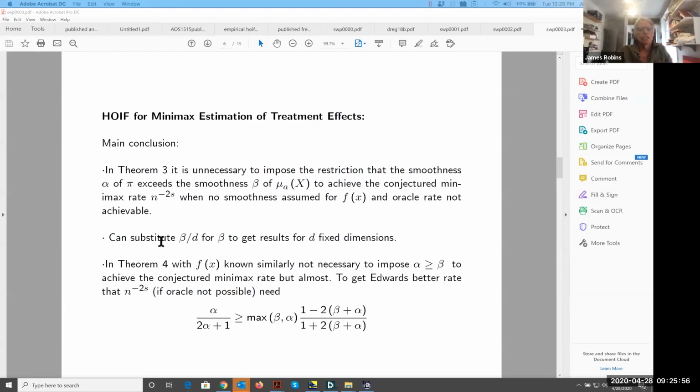I'm not putting d here. Whenever you see a beta, I really mean beta over d, where d is the fixed dimension.